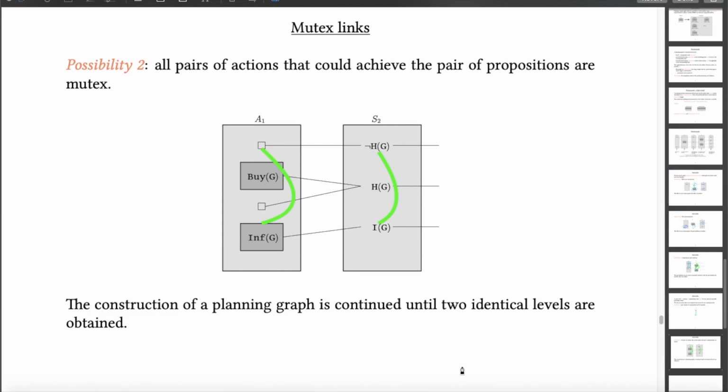So in this case, we find that the only pair of actions that can achieve not h of g and i of g in this state level are the two actions inf g and this persistence action, and they are mutually exclusive by this mutex here, and that's the only pair of actions that can achieve not h of g and i of g at the same time, and they're mutually exclusive, so not h of g and i of g are mutually exclusive as well.